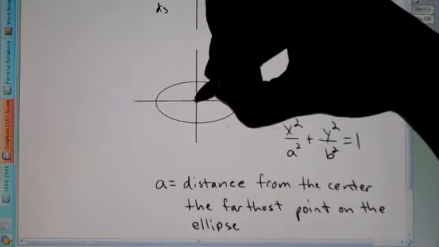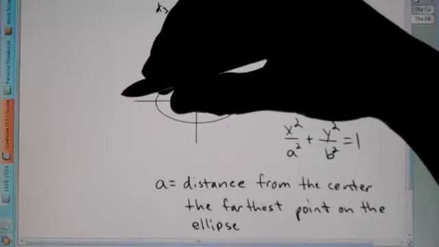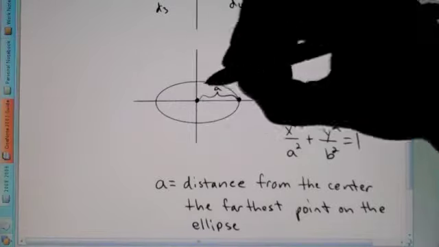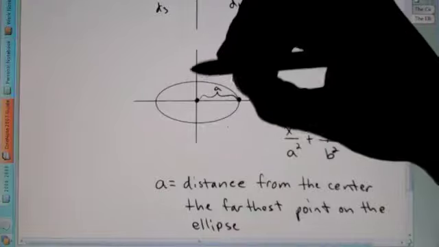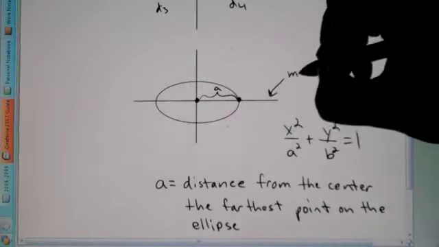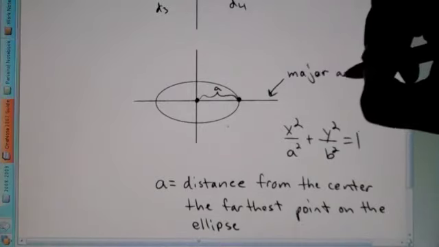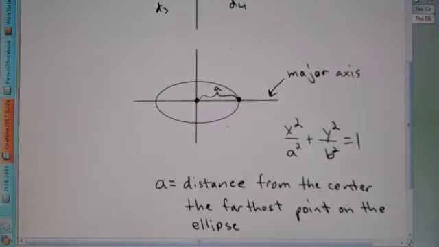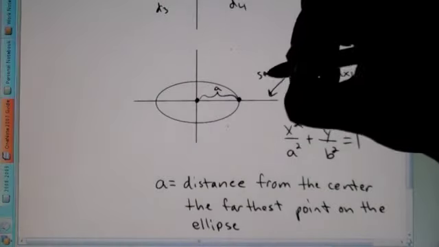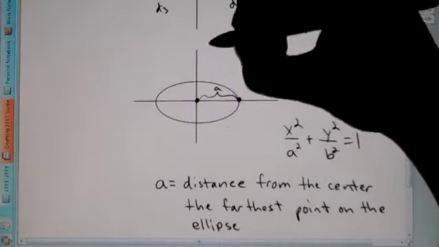Now, the axis that has a, the axis that has the farthest distance, we call the semi-major axis, because this ellipse is wider than it is taller.